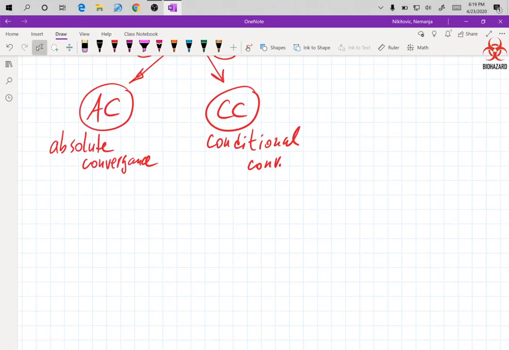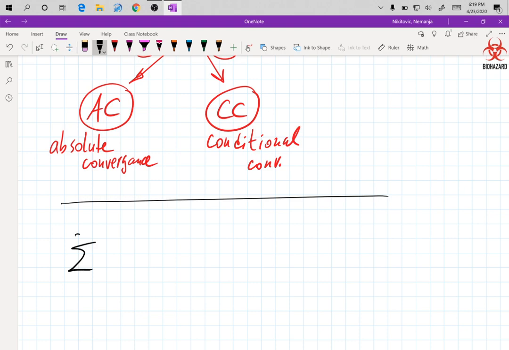So say you have the sum of (-1/4)^n, and n goes from 1 to infinity. Doesn't matter. You can go from 0, you can go from 700, I don't care. So we are supposed to check this.